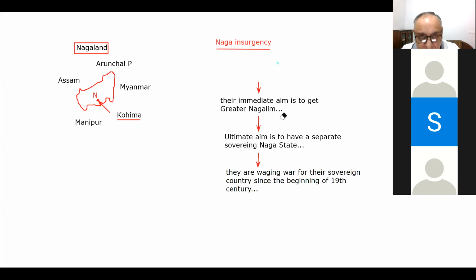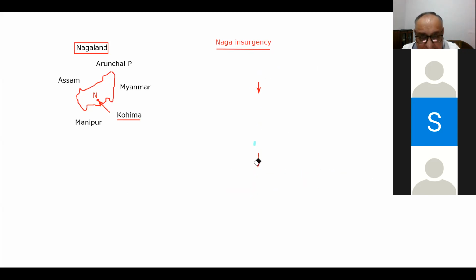Now beta, as we have already discussed, the occupation of the Naga territories was finalized by the end of the 19th century by the British government. So the Nagas were not happy with the British occupation of the Naga inhabited territories.